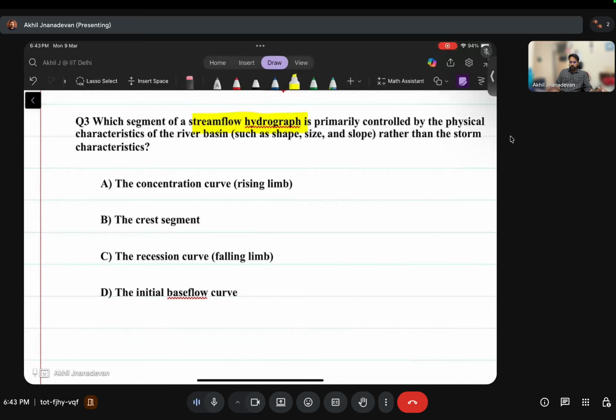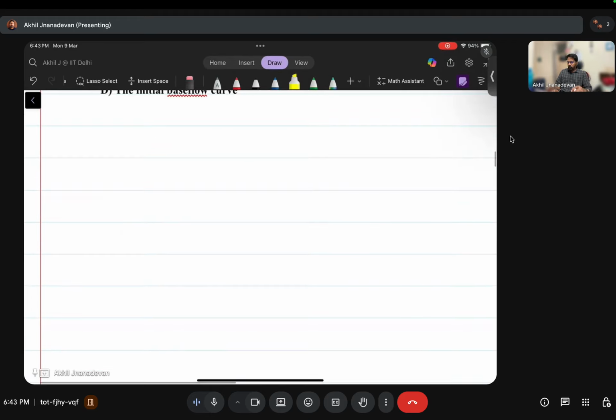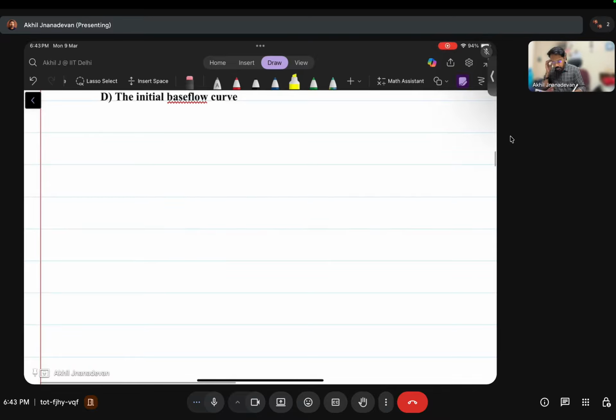The first was the measurement of the stream flow, where we looked into different methods, and the second was how we represent the stream flow. Okay, so we can quickly go through the theory of this.